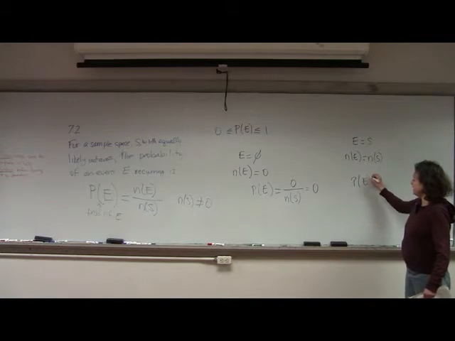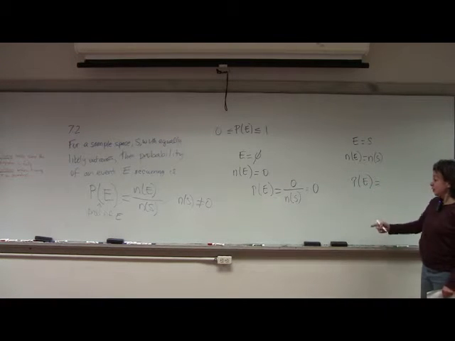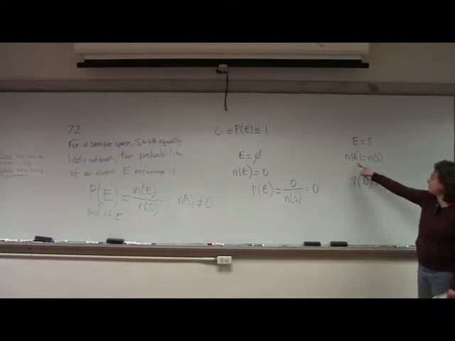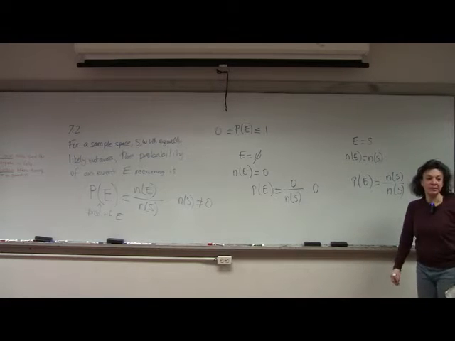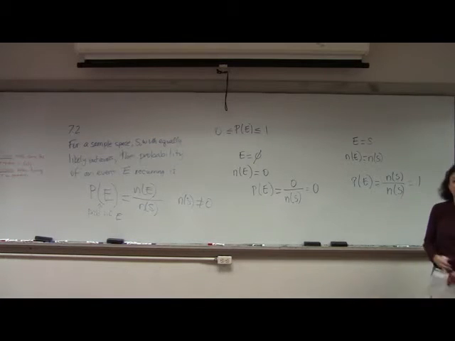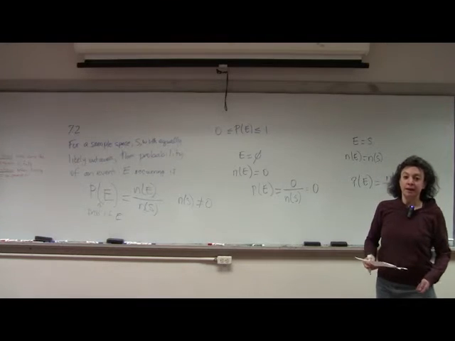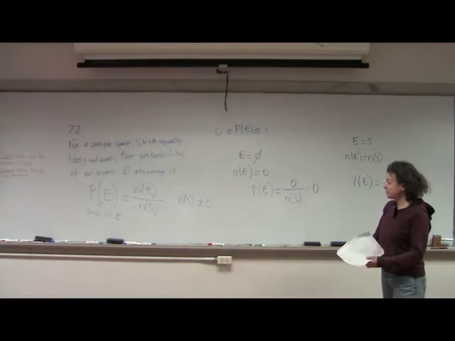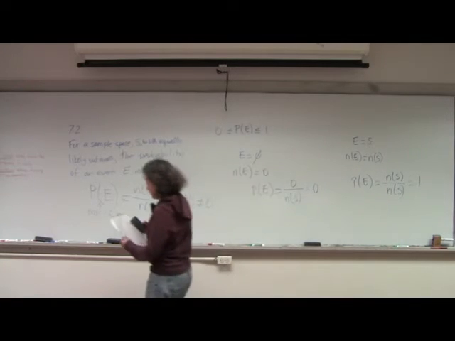In which case, the probability of this event, by definition, is the number of elements in the event, which we know is this, divided by the number of elements in the sample space. And what is any number divided by itself? It's equal to 1. Okay? So that gives you kind of the background as to why our probabilities always have to be between 0 and 1. All right.